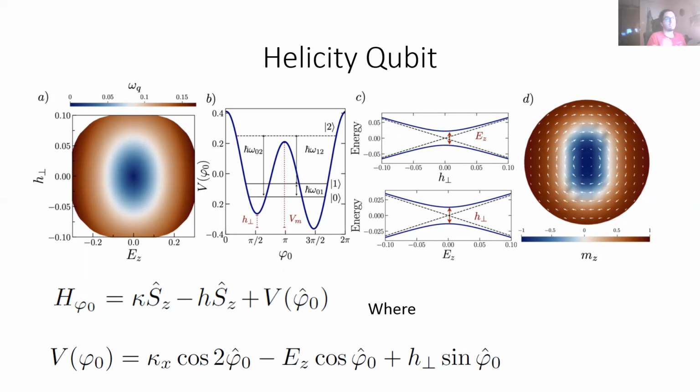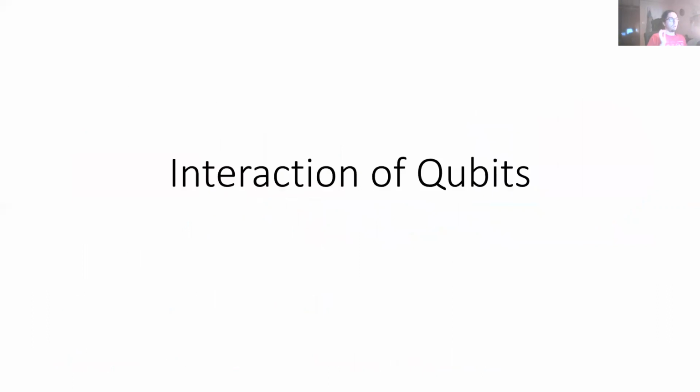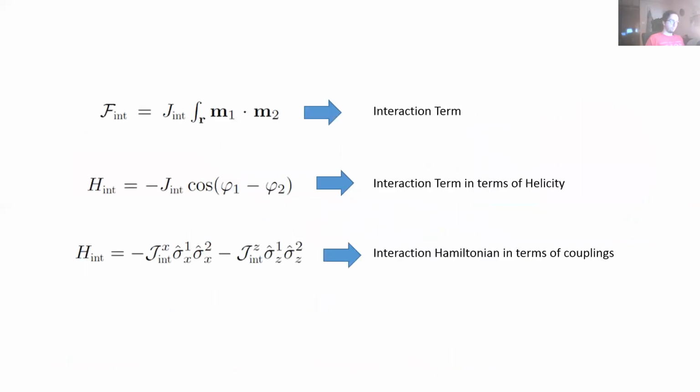So this is confusing for quantum computing. And this also means that for the helicity qubit, when we use this Skyrmion as a qubit and use its helicity as the degree of freedom, it can also be manipulated and tuned by electric field and magnetic field. And its Hamiltonian is right down there, and the interaction of qubits.